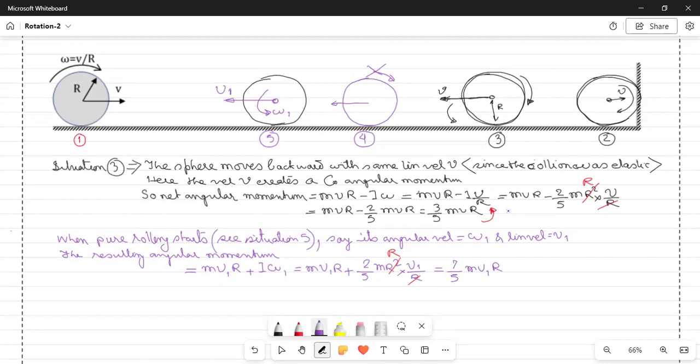In position 3, angular momentum was 3 by 5 mvr, and in position 5, angular momentum is 7 by 5 m v1 r. These two have to be the same.